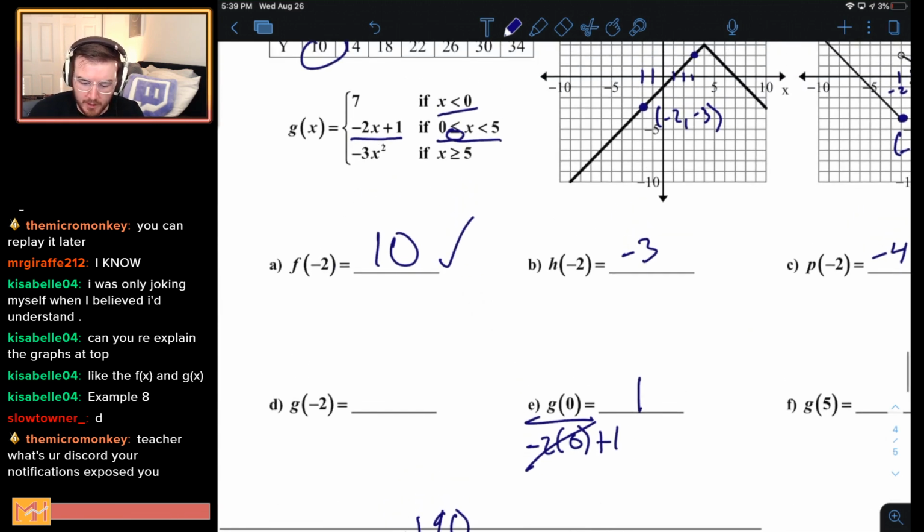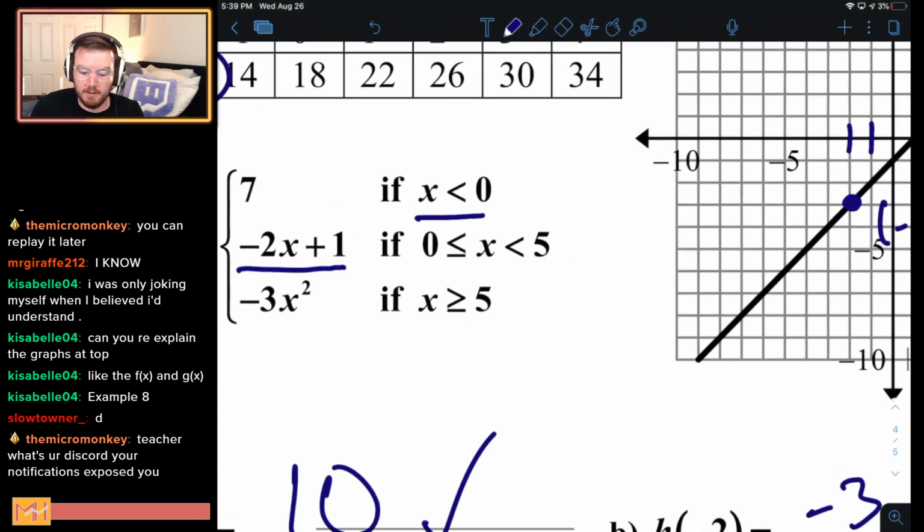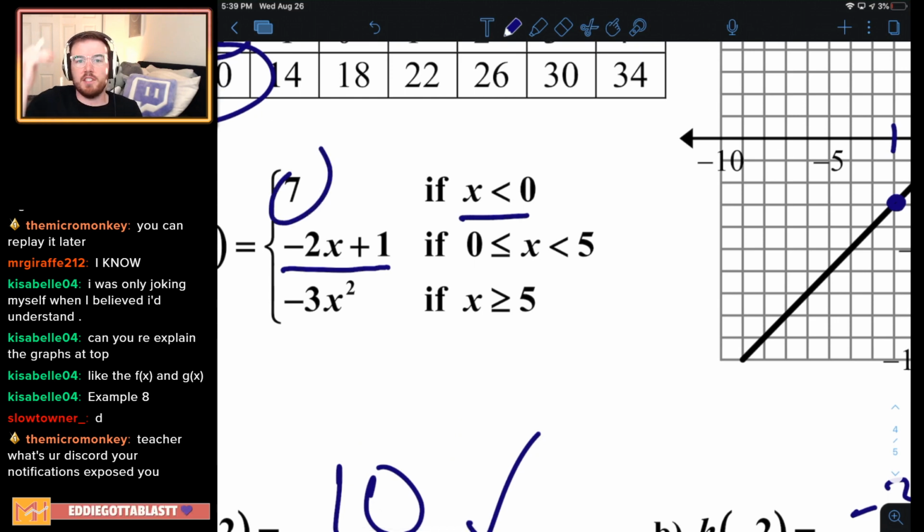Example D. Okay, we can look at that one. Well, we're plugging in negative 2 into x. Which one is that going to go into? Negative 2 is less than 0, is it not? So that means immediately the answer is just 7.